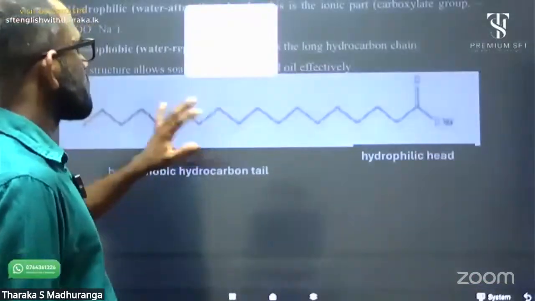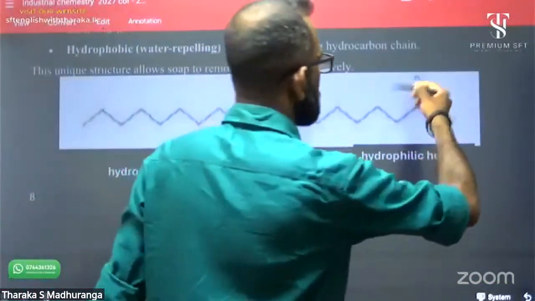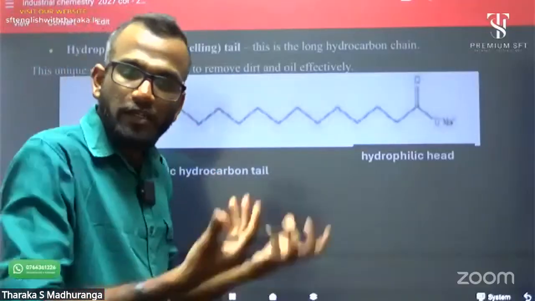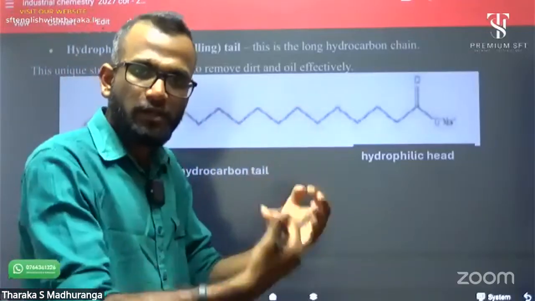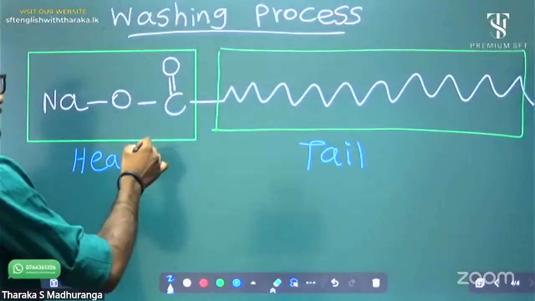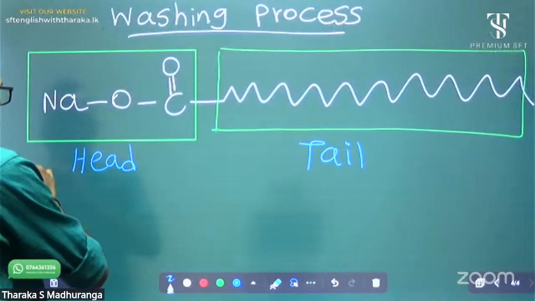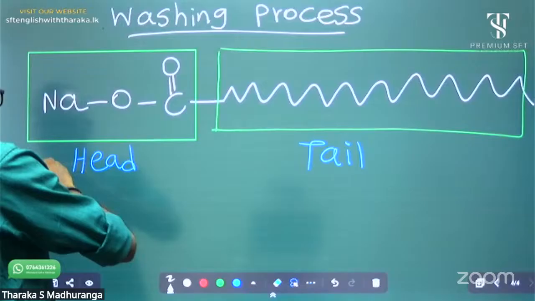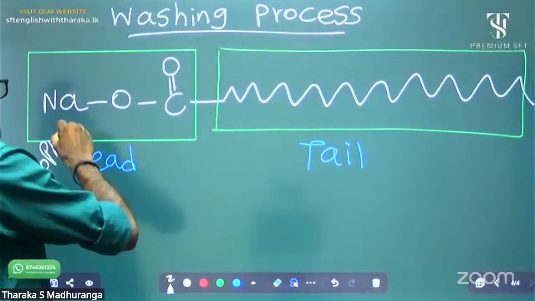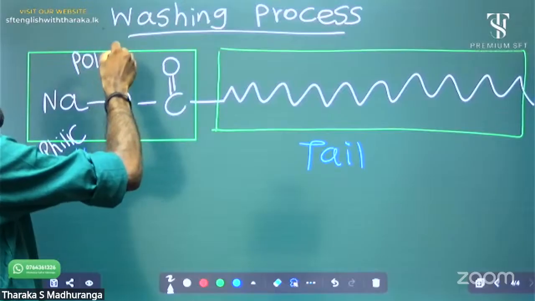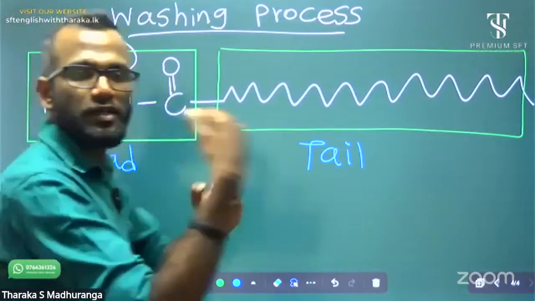The sodium-containing head we call the hydrophilic head. Hydrophilic means water dissolving. It is a polar end. Hydrophilic means it is polar. Polar means water dissolving.